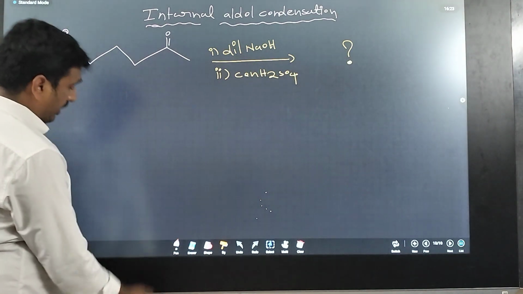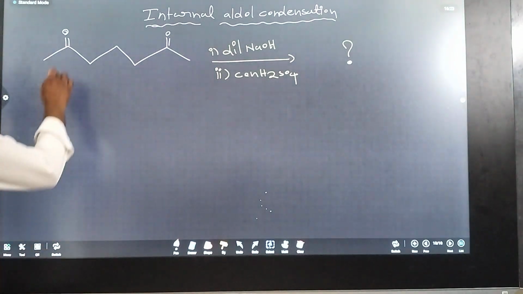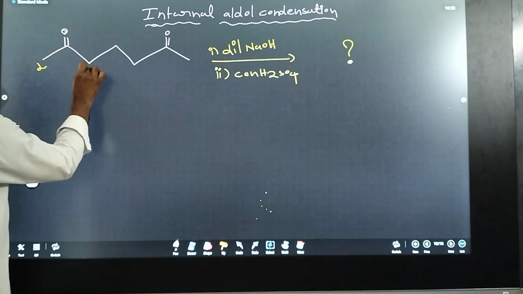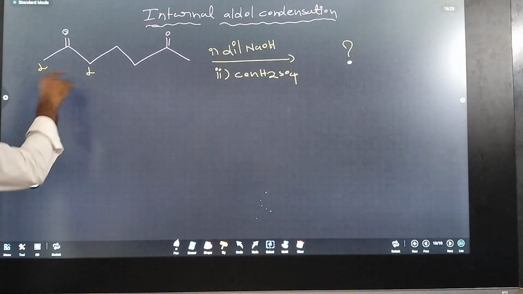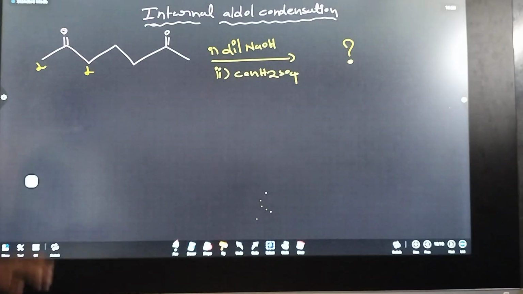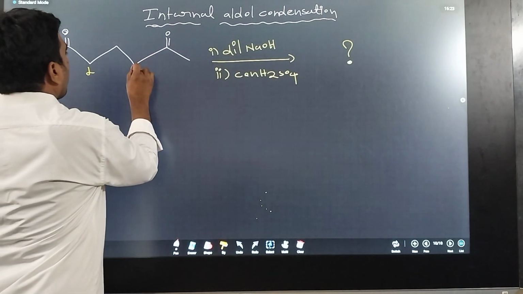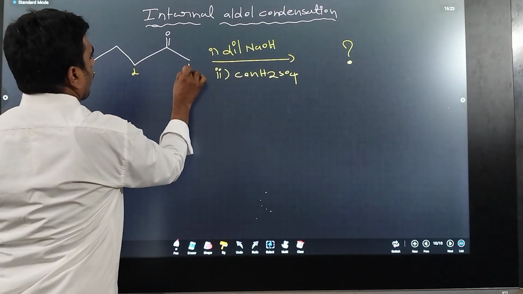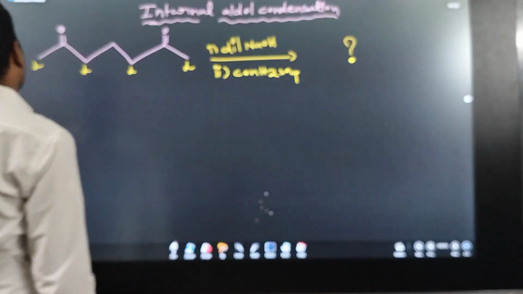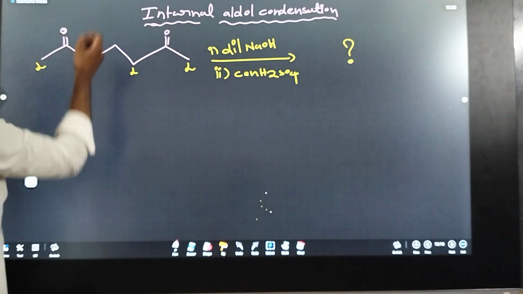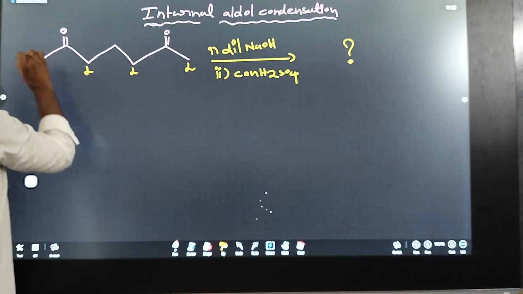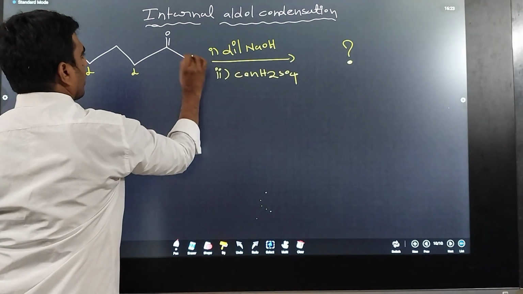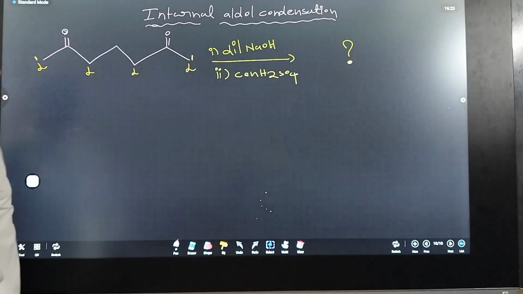First of all, this does participate in Aldol condensation, because this is the alpha carbon, and this is also alpha carbon, which must be sp3 hybridized. This is also alpha carbon, this is also alpha carbon. This alpha carbon is the same, so I can write alpha prime, this is the same, this is also the same.